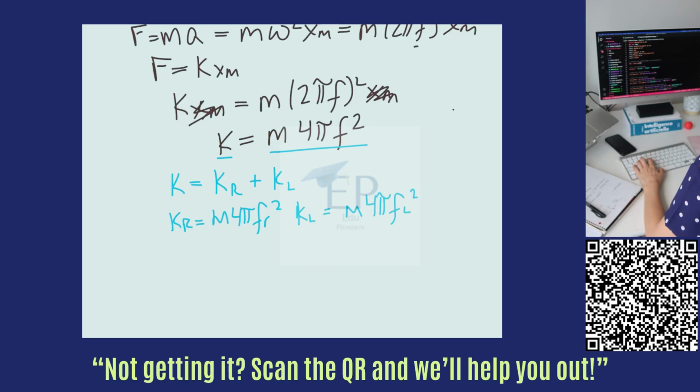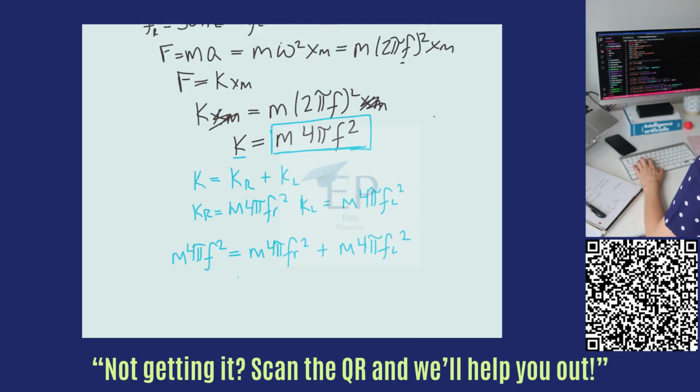And we can put all of that together, so we can take our term for k here, our total spring constant, where m 4 pi f squared equals m 4 pi fr squared plus m 4 pi fl squared.